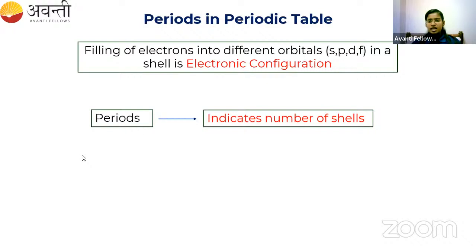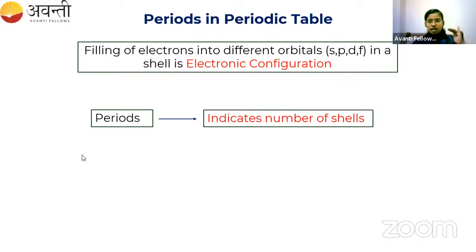So if we have 7 periods, we have 7 shells. If the period number is 1, then shell number 1 is present for those elements. If the period number for a particular element is 2, then that element has 2 shells, shell number 1 and shell number 2. If it is the third period, then it has shell 1, shell 2 and shell 3. Like this it goes on till 7.